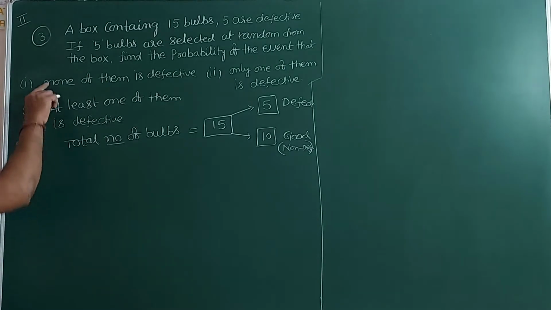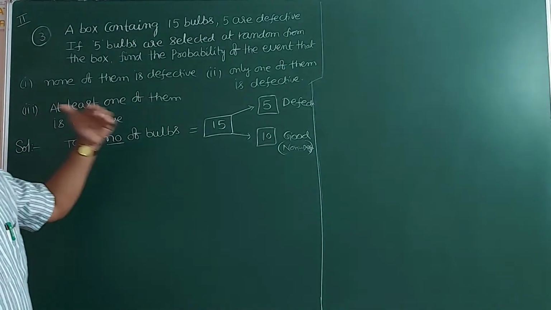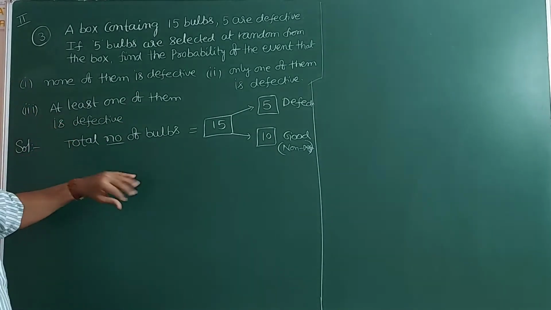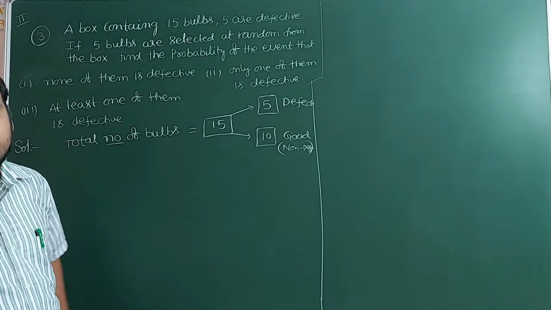Before going to the first question, we need to write the total number of possibilities, the sample space.